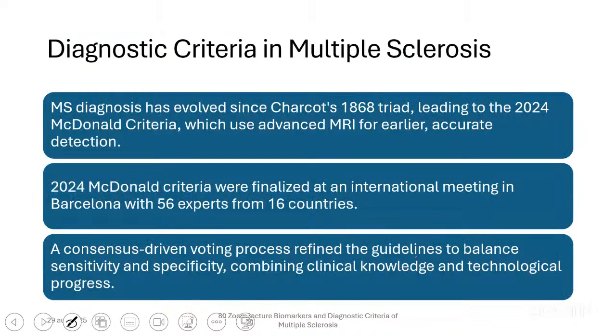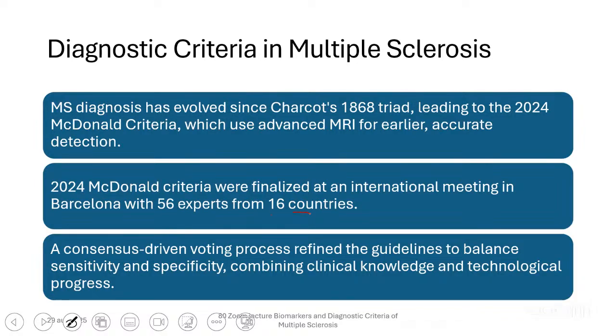Now we enter the arena of the diagnostic criteria in multiple sclerosis. It has evolved since Charcot's 1868 triad, leading to the now 2024 McDonald criteria, which use advanced MRI for earlier, accurate detection. So it's such an old disease: 1868, 1968, now 2025. The 2024 McDonald criteria were finalized at an international meeting in Barcelona with 56 experts from 16 countries.